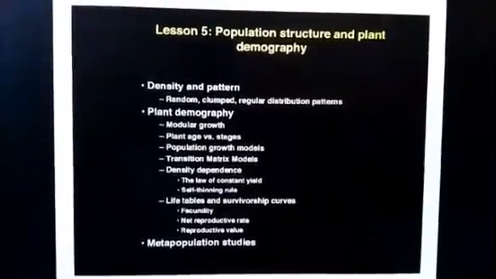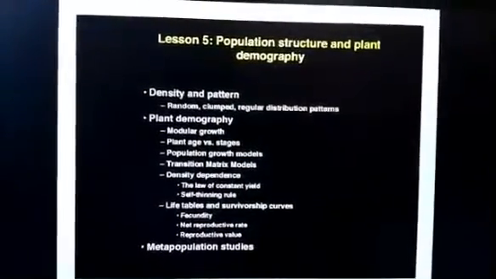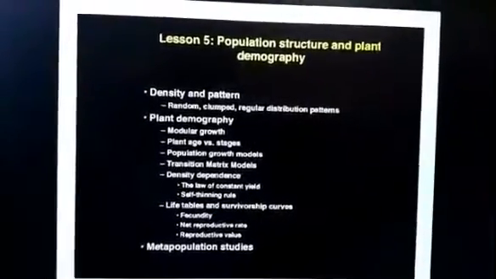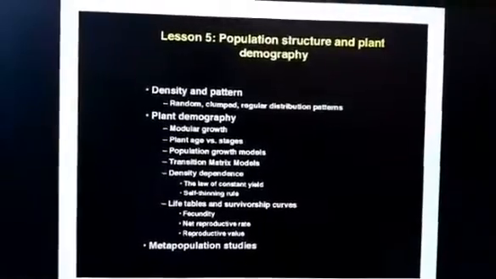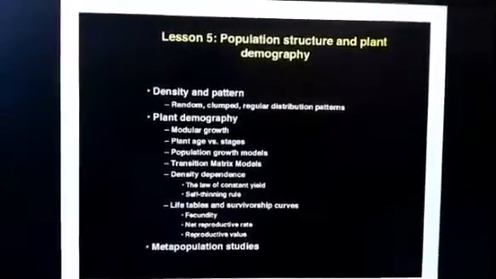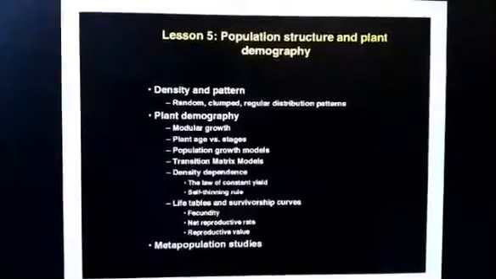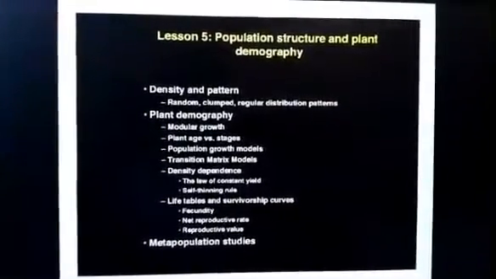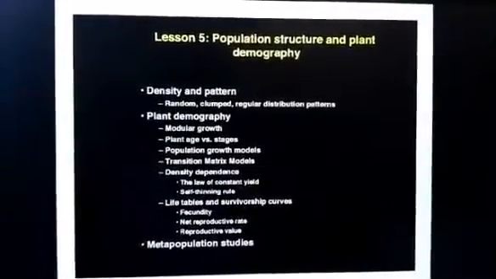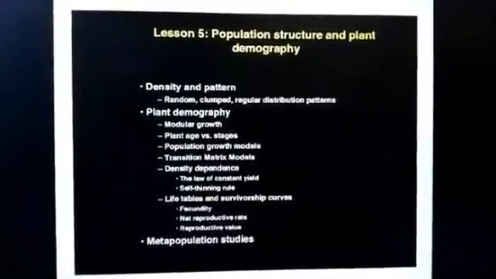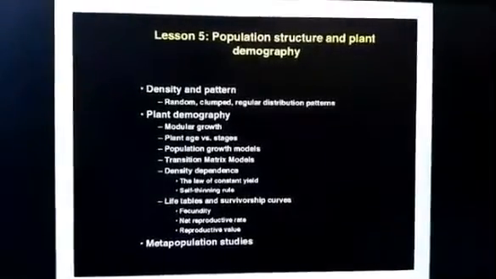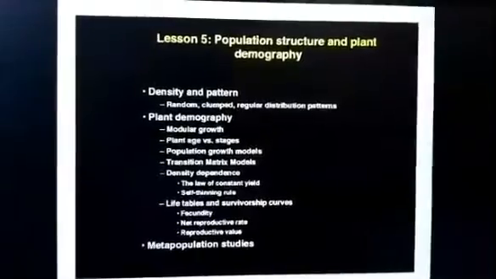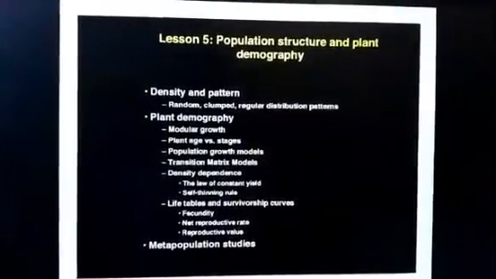So today we are just going to look at the population structure and the plant demography. These are the things that we are going to cover. First, we're going to look at density and pattern of distribution, then plant demography, and then under plant demography we're just going to look at a few things there, especially the population growth models and also the modular growth.